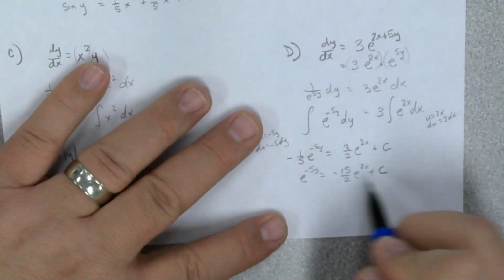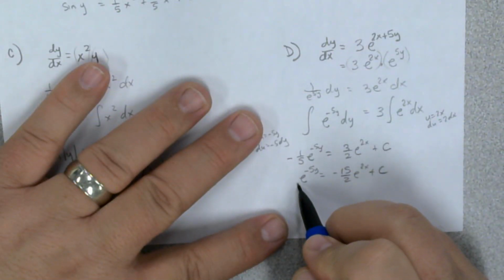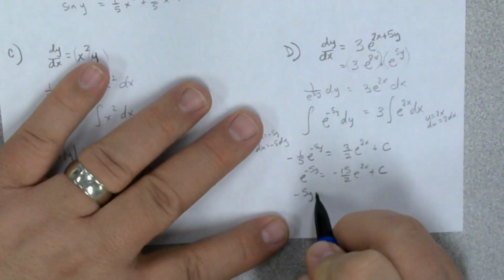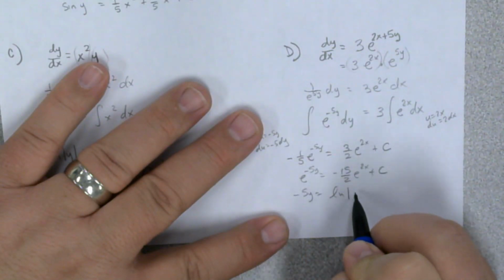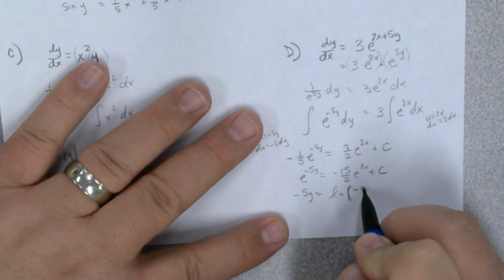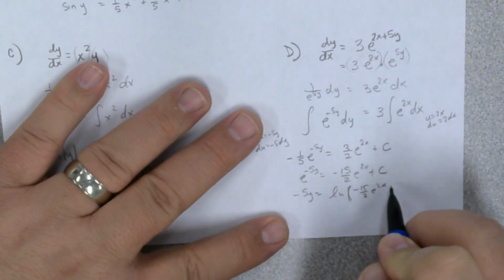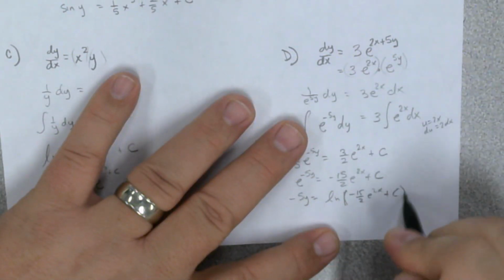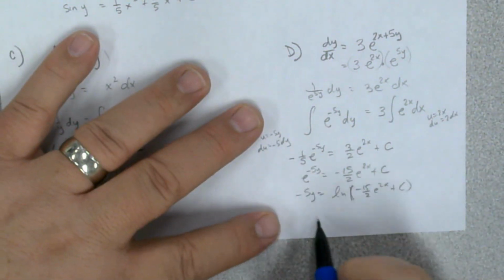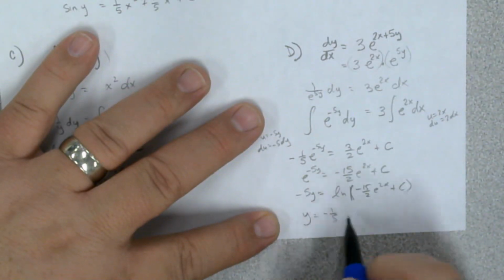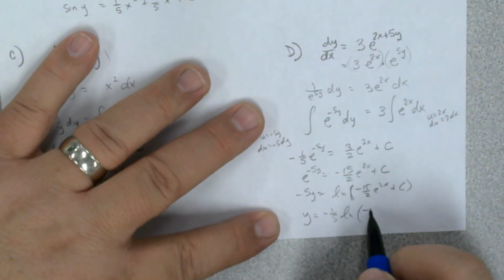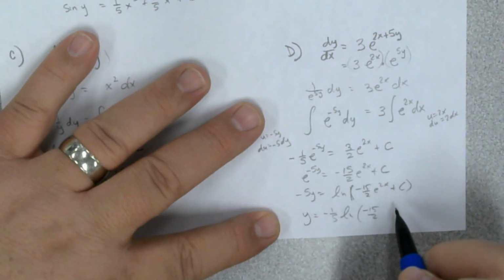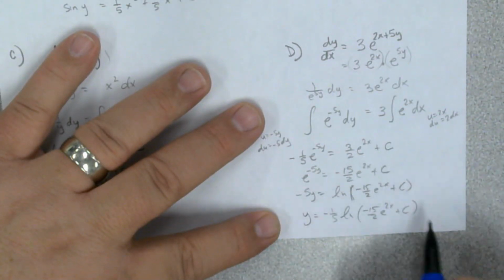And then we're going to natural log both sides, and so now I have a negative 5y is the natural log of all this, plus a constant. And then we want to multiply here, so y is now negative 1/5 times this natural log. And that would be your answer right there.